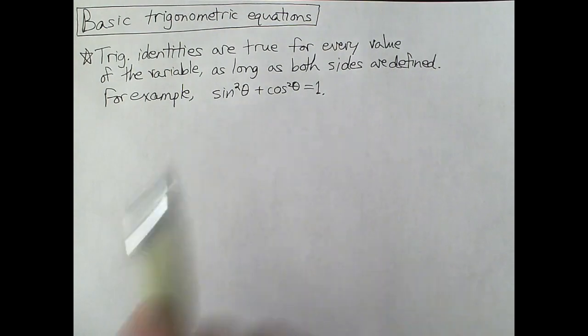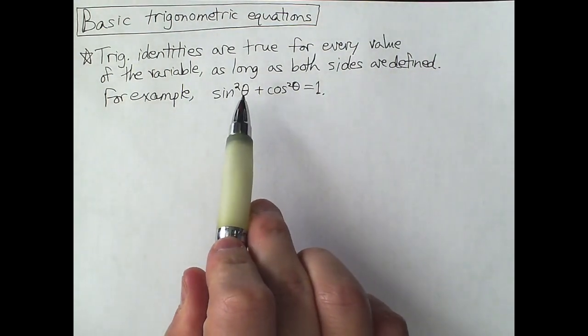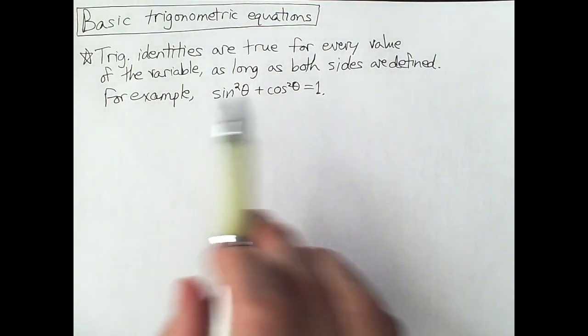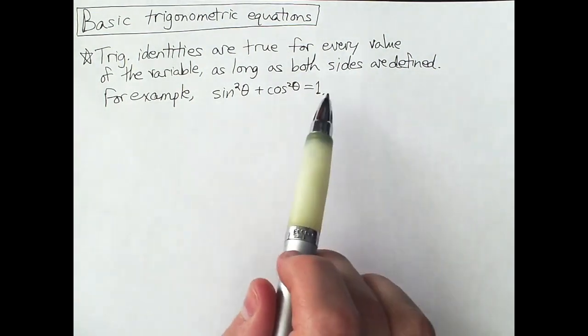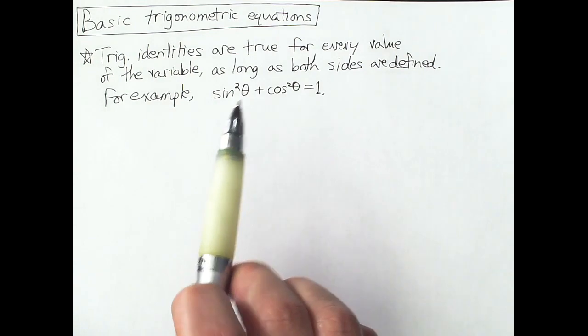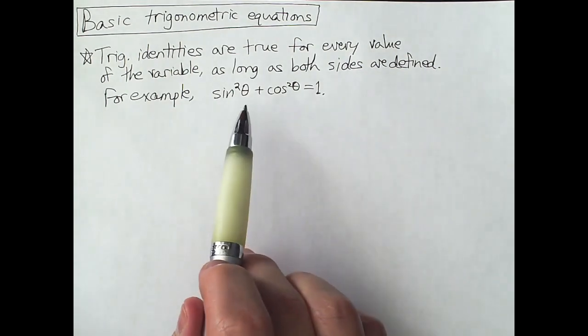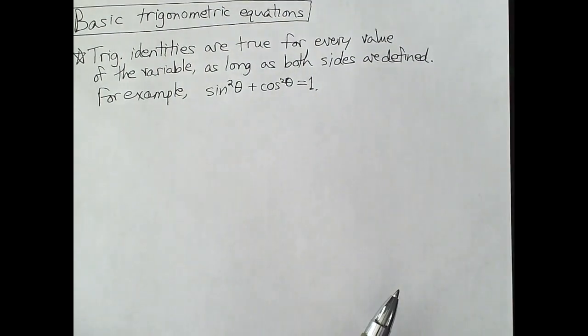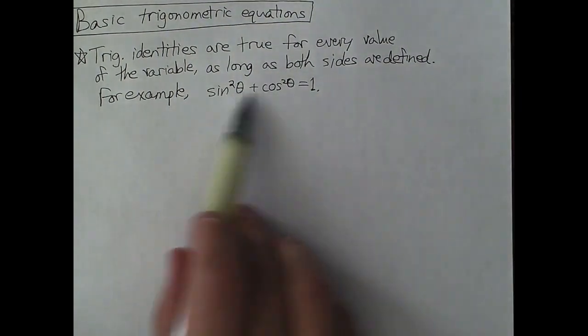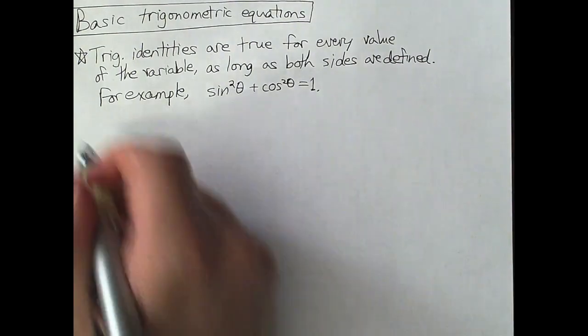Anyway, you could put in any value of theta you want. You could put in 7 radians, and this is true. You could put in 123 degrees, and this is still true. You could put in 1,000,000. This is still true.